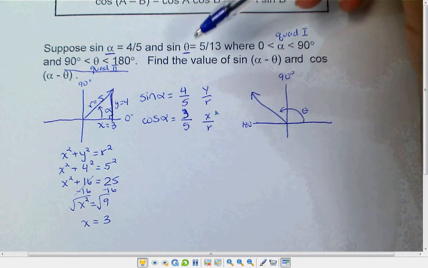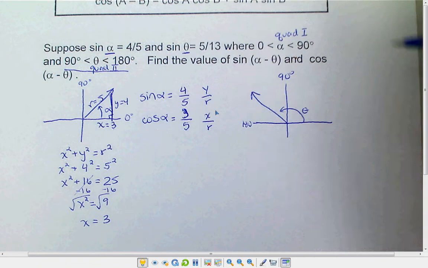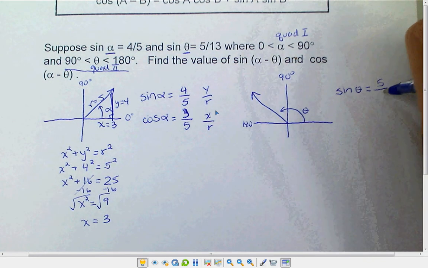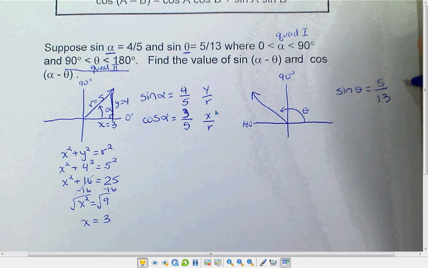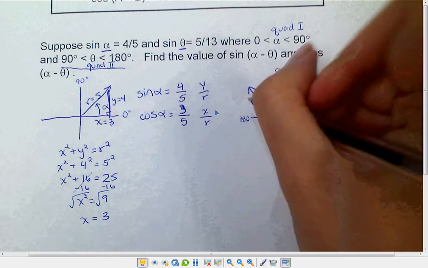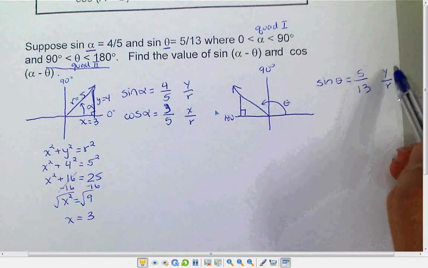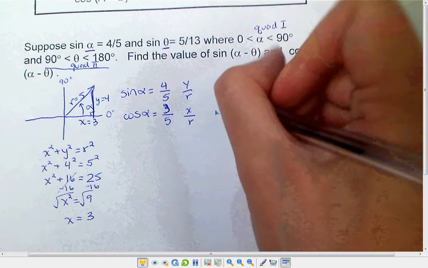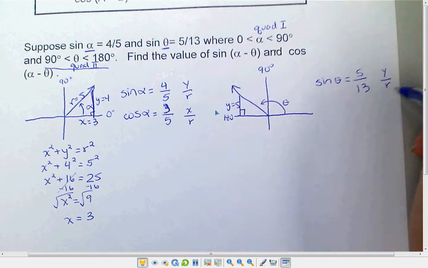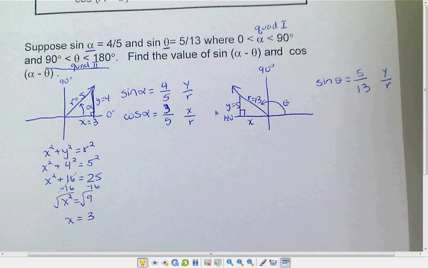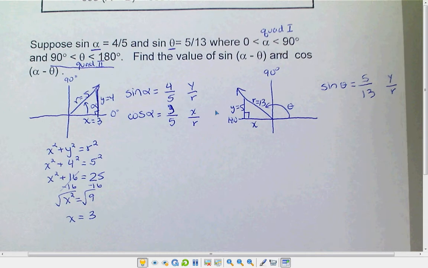Again, they've given us one piece of information about theta. Sine of theta equals 5 over 13. Sine is y over r. So if I draw my triangle, I know that my y is 5 and my r is 13. And again, I'm going to have to figure out what my x value is.